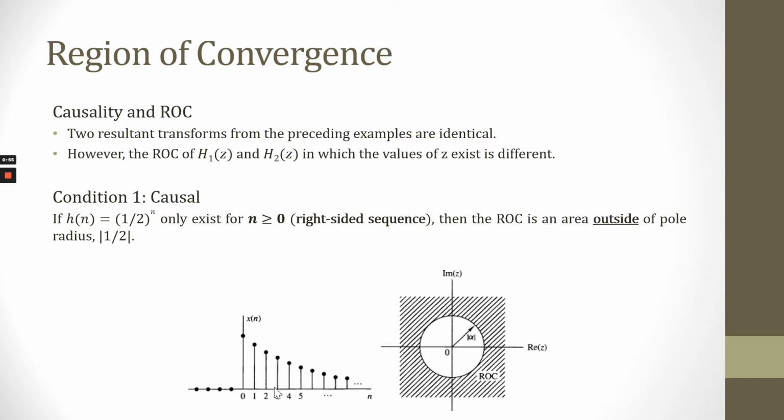So for a right-sided sequence, n larger than or equal to 0, the ROC is the area outside of the pole radius, in this case 1/2. So assume alpha is 1/2, the ROC is an area outside of the pole radius for a right-sided sequence.